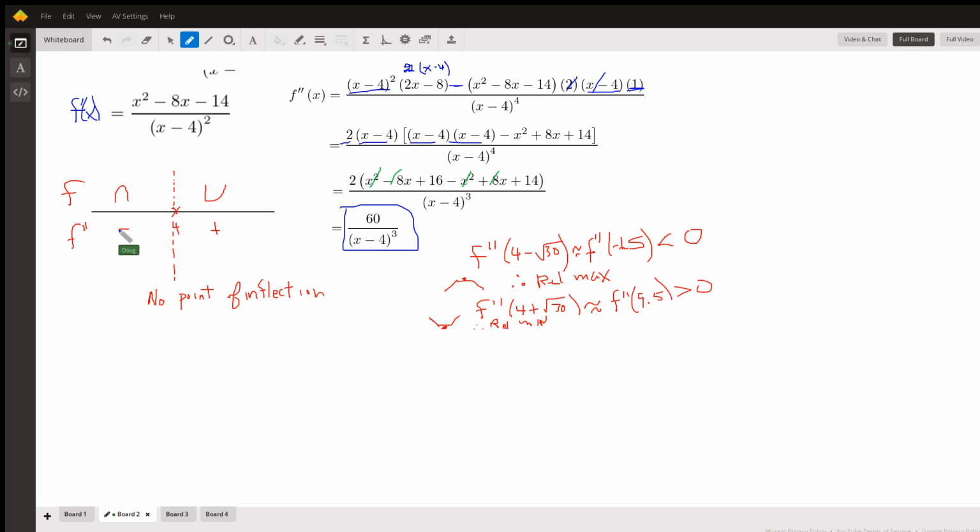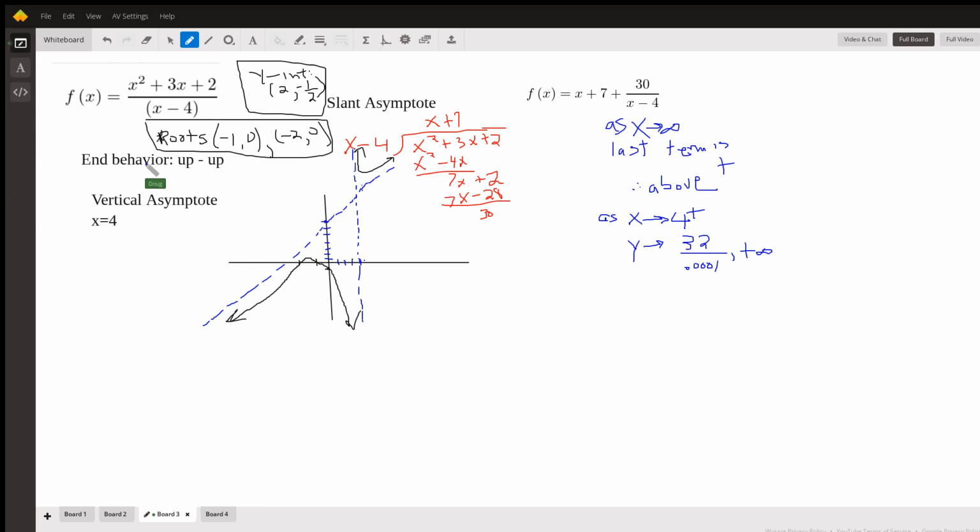So that tells us that the original function is concave downward to the left of 4 and concave upward to the right of 4. But there is no point of inflection because the concavity changes at 4, but that's undefined even for the original function. Okay, now nowhere does the problem suggest that you graph this function, but there's the y-intercept.